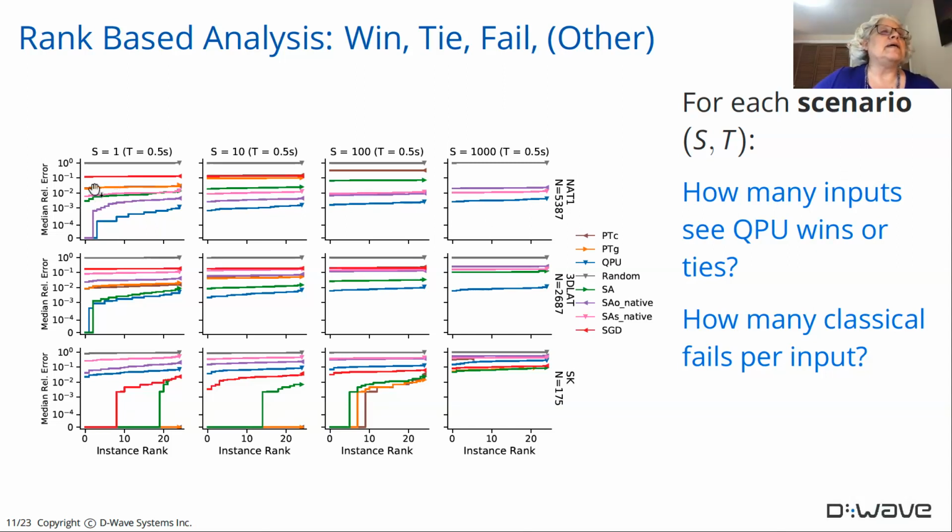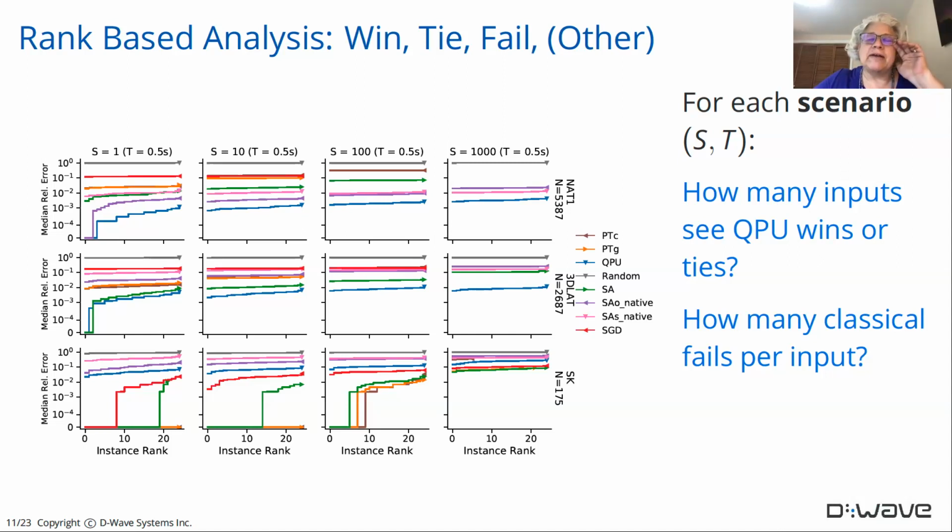And what we did in each scenario, we took 25 inputs. There's no way to find the ground state; we have no way of knowing what the ground state is on most of these problems. They're much too large. So what we did was take the best solution by any solver at any point in the test, and we called that the reference state.